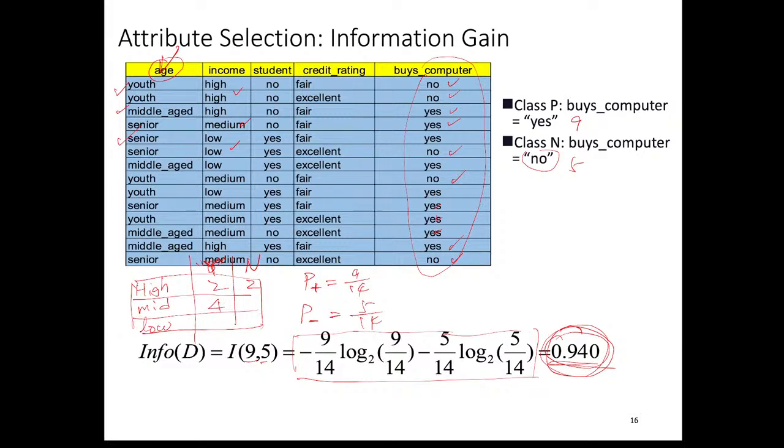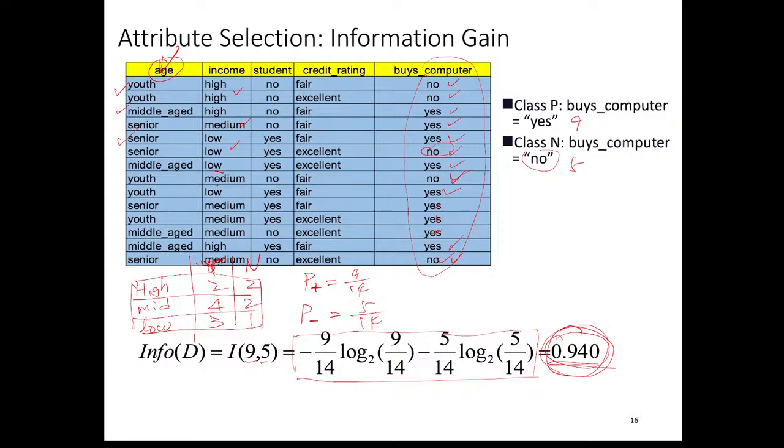And how many no's? 2 no's. And low has 3 yeses. And how many no's? For low income, we have just one no. Is that correct? Let's see. Yeah, I think that's correct.